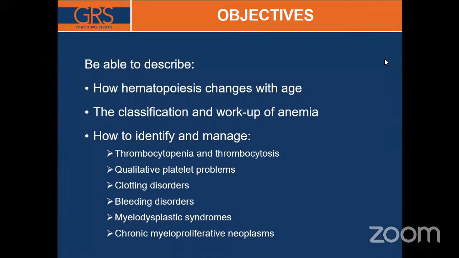In this session, we will uncover how hematopoiesis evolves with age and dive into the classification and workup of anemia. We will also guide you through identifying and managing common issues like thrombocytopenia, thrombocytosis, and qualitative platelet problems, as well as complex clotting and bleeding disorders.